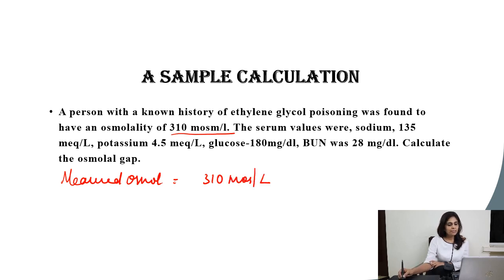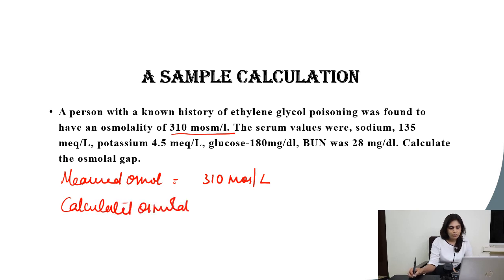Serum values were sodium 135 milliequivalents per liter, potassium 4.5 milliequivalents per liter, glucose 180 milligrams per deciliter, blood urea nitrogen 28 milligrams per deciliter. Calculate the osmolar gap.